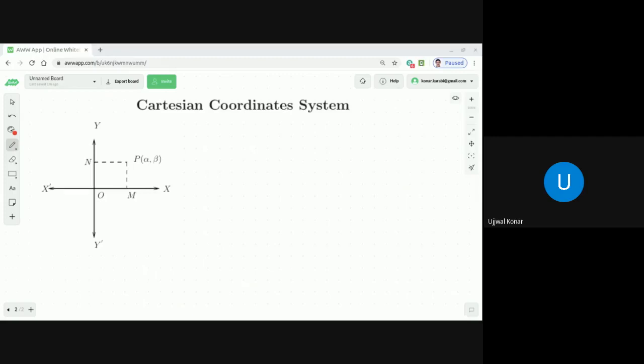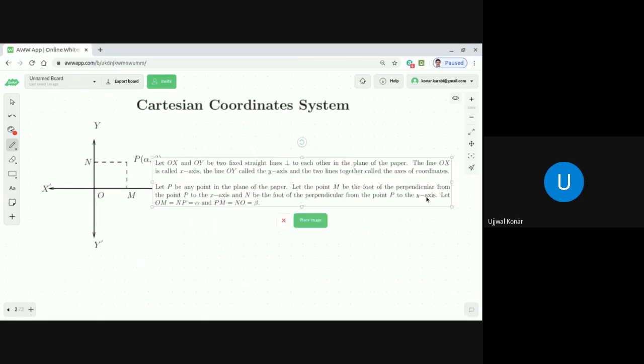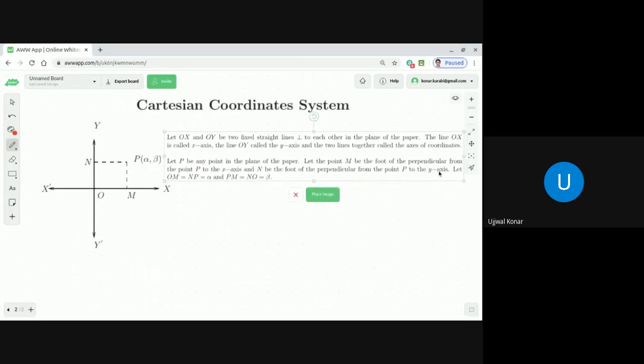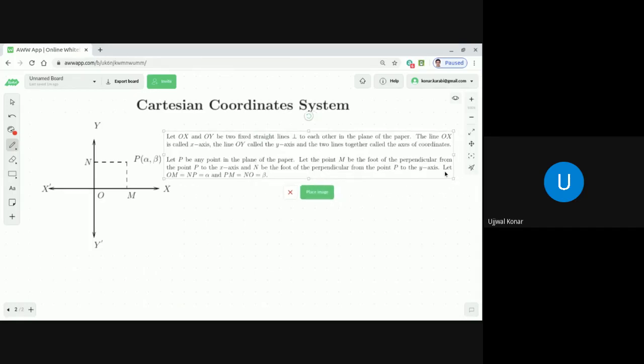Correct? So these are the things we can propose. As we propose this, a few points we can actually observe from here. Okay, I hope all of you are able to view this clearly. Or I can reduce it a little bit.